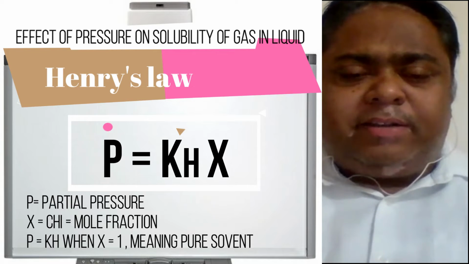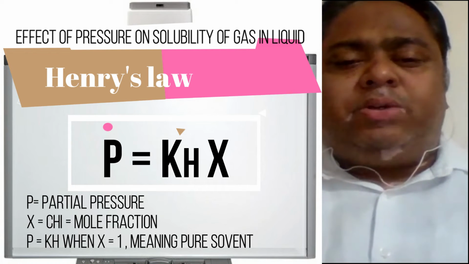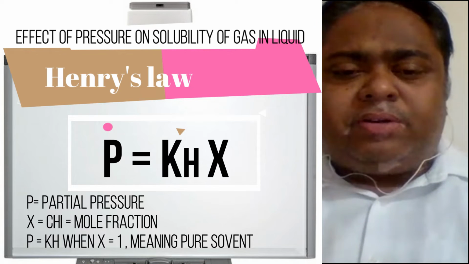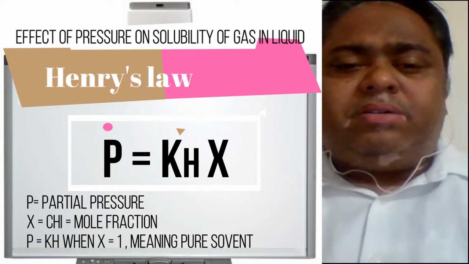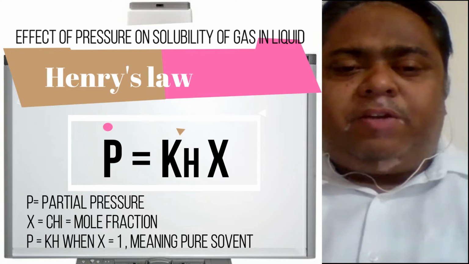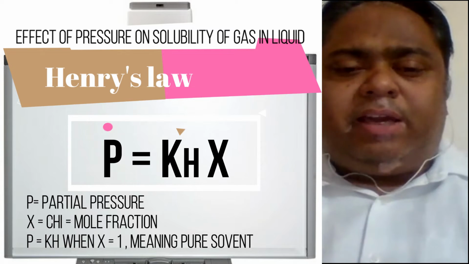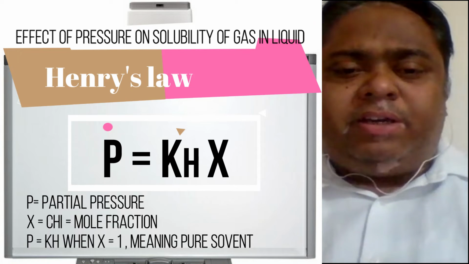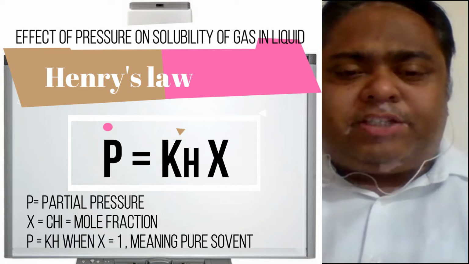As I said, P is equal to Kh into X or chi, where chi stands for mole fraction of the gas. If we make chi, that means mole fraction of the gas, to be unity, then P will be equal to Kh.